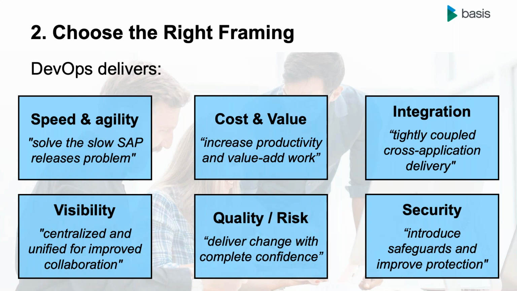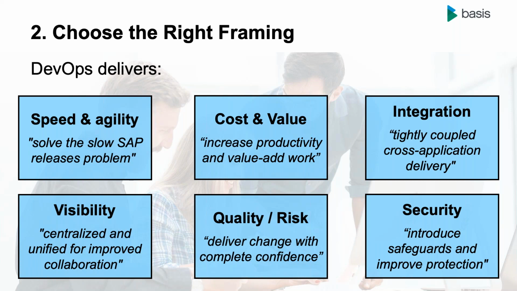So rather than the age-old annual or 6-monthly release cadence that waterfall brings into the SAP world, what if you are able to do that release monthly or weekly, or in some cases we have customers being able to do that daily into their production systems.